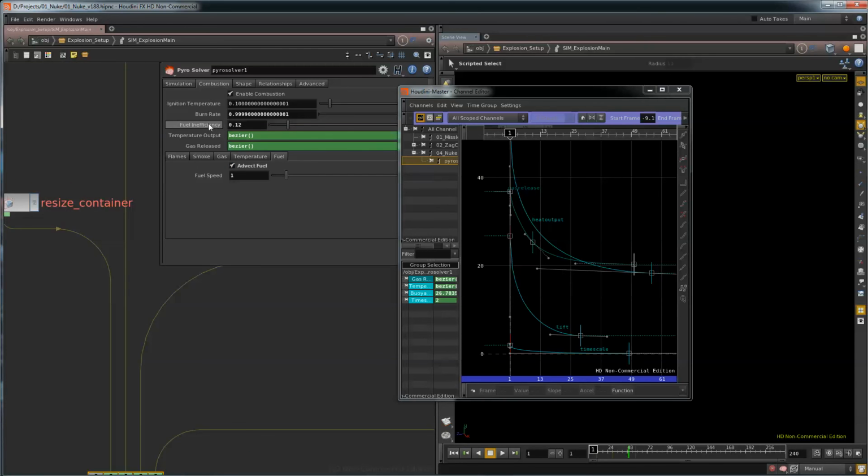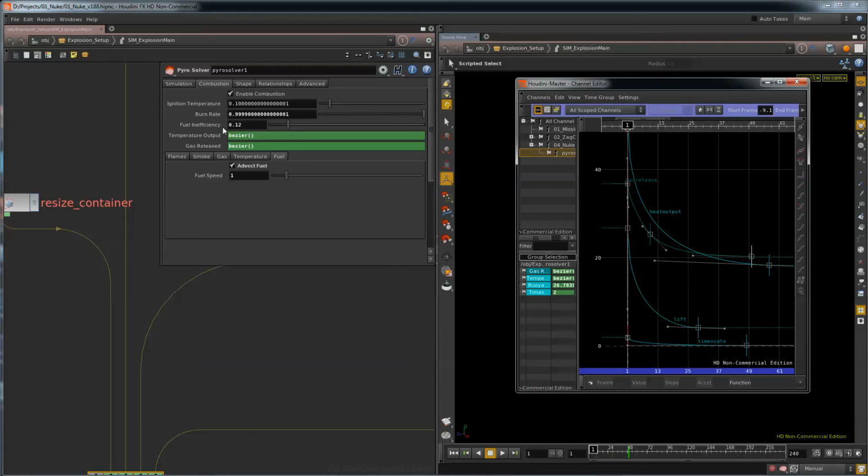It's really cool. A big part of where I was playing to get the shape is the burn rate and the fuel efficiency. The burn rate adds in, when fuel burns, it adds gas and it adds temperature. So my burn rate's really high and it multiplies against my temperature output and my gas.